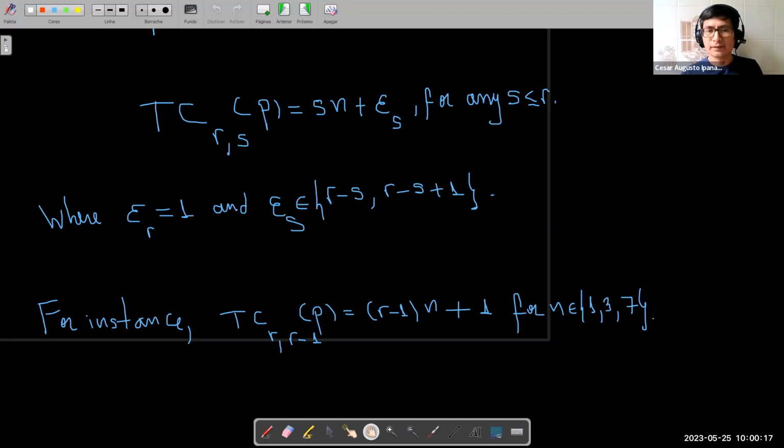The expectation is that this happens for any s less than r, and obviously for any n different from 1, 3, and 7. But we have not proved it for this situation.